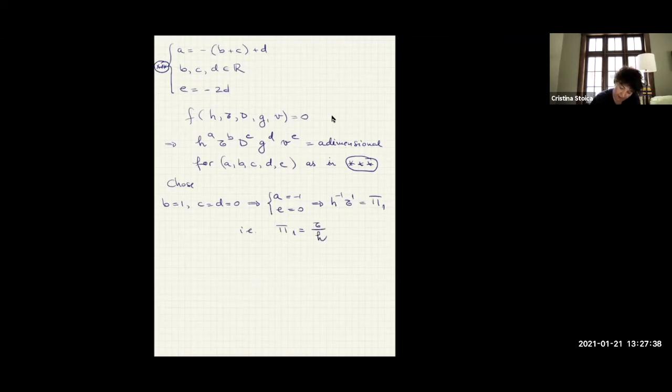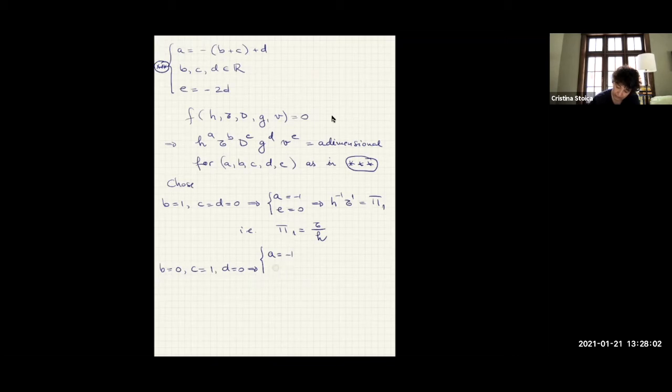Okay, now we're going to do B 0, C is 1, D 0, and we end up with A being again minus 1, and D is 1. Okay, sorry.